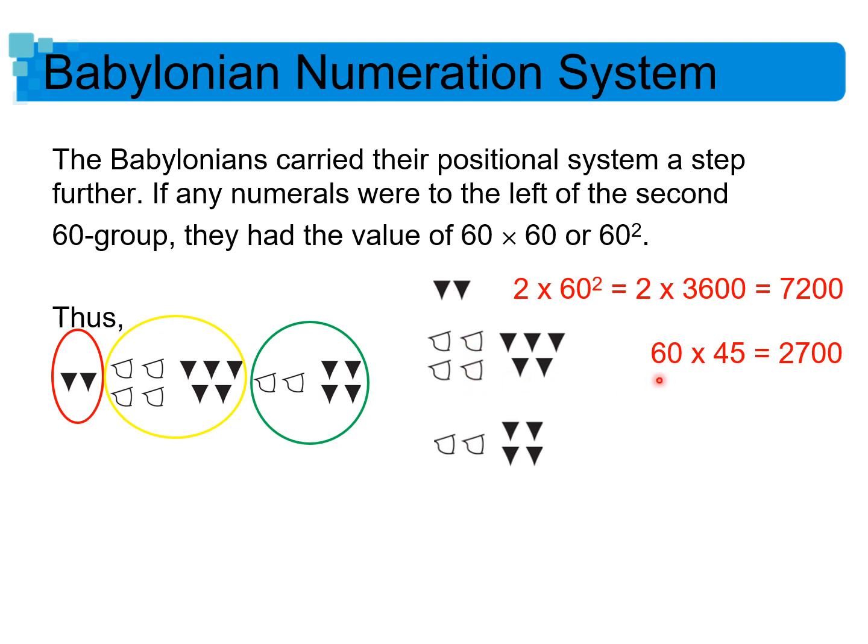That means you have 60 times 45, because that's my 60s group, and that would be 2,700. And then your third group is just your plain 24. Then you would add all of that up together, and you would get 9,924. So that's how that number would turn out.